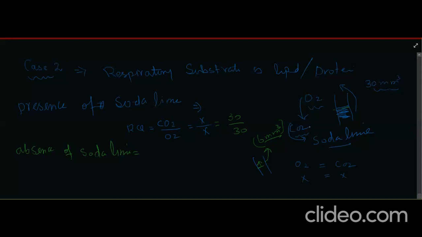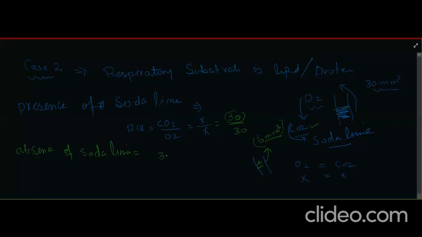So when I perform this in the absence of soda lime, the drop still moved. So it means that in this value of carbon dioxide, I counted that extra oxygen. It means oxygen is more than that of carbon dioxide. Therefore, this extra oxygen, I have to subtract it.